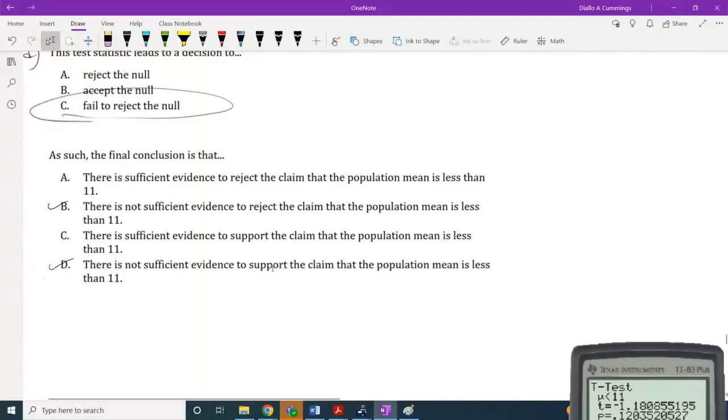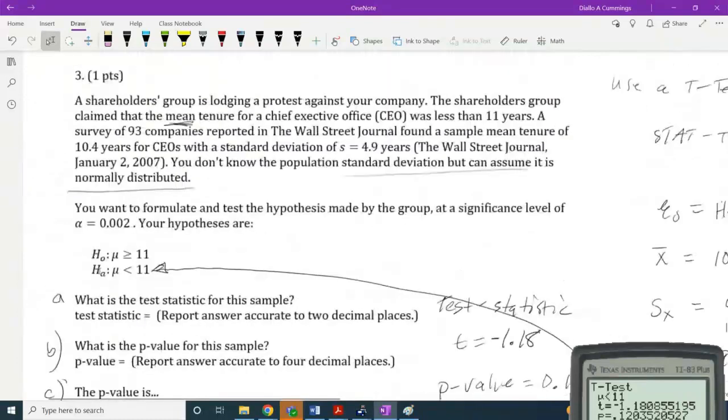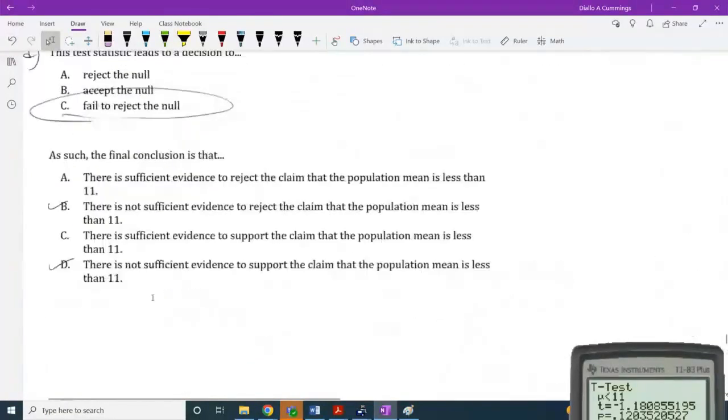So there is not enough evidence to support the claim that, so now this is the alternative hypothesis that the mean is less than 11. They're actually writing out that the correct answer here should be D.